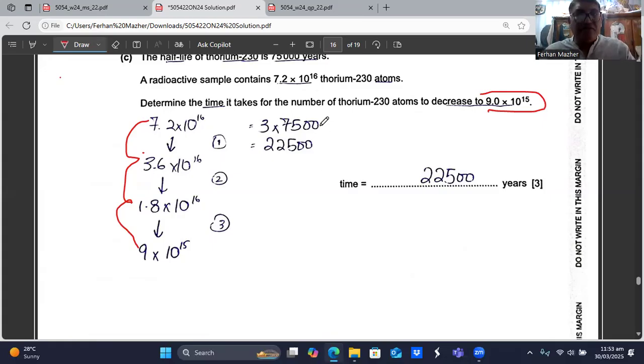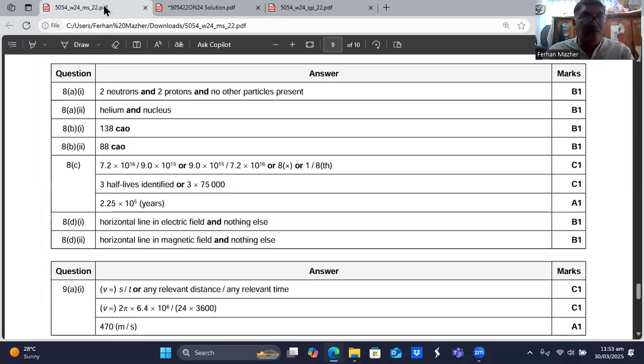So one more zero here. And so it is 225,000 years. 2.25 × 10^5 years.